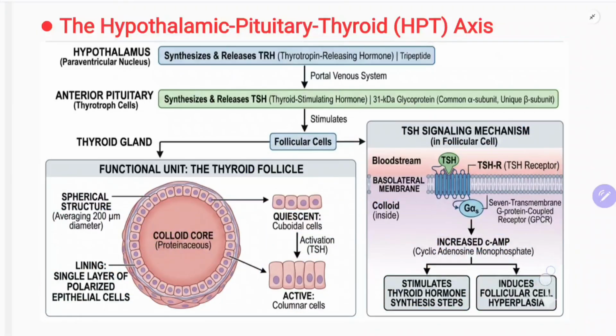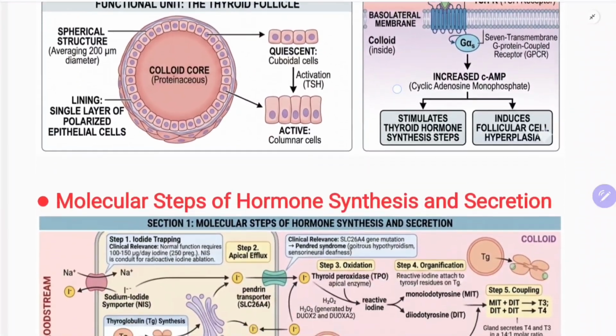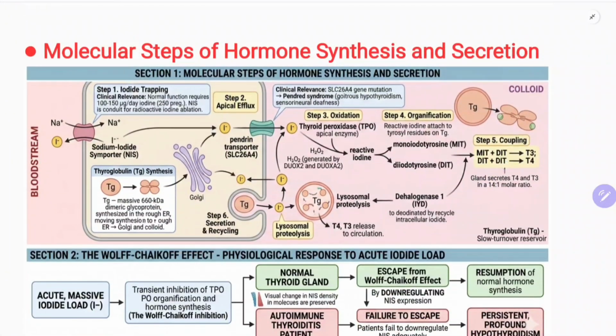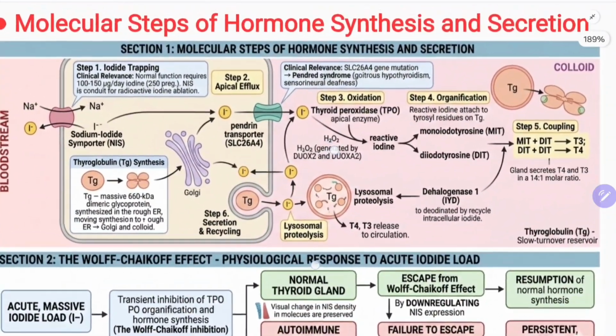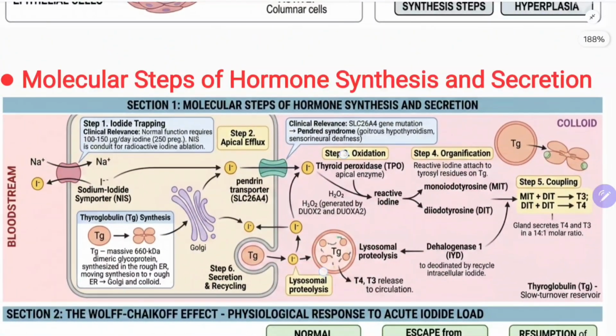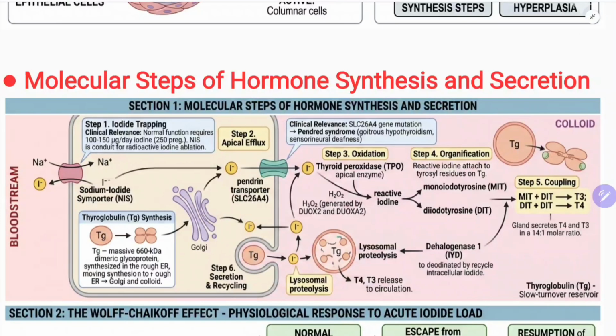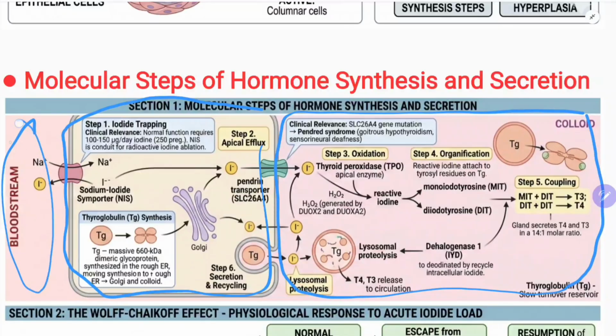Still physiology is there. Now how these thyroid hormones are synthesized is also very important to know. So what are the molecular steps of hormone synthesis and secretion? The functional unit is this columnar cell, this is the colloid region, and this is the bloodstream.